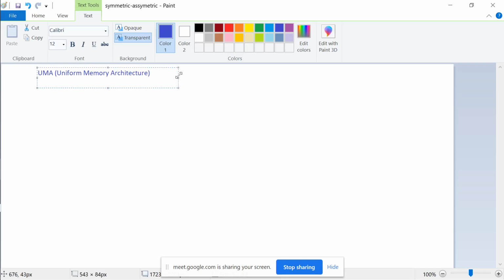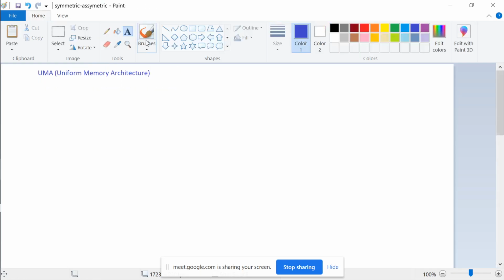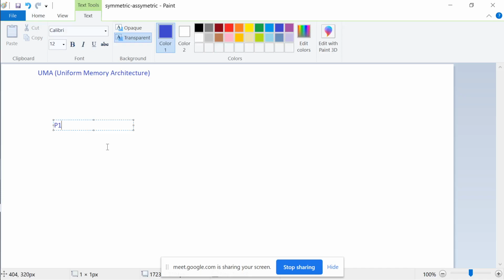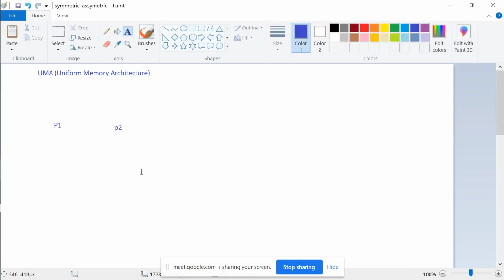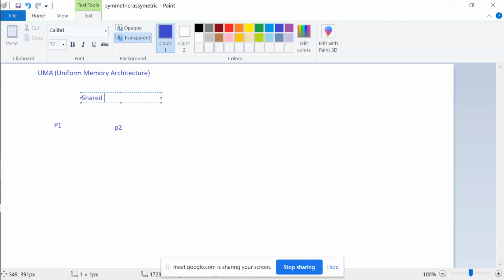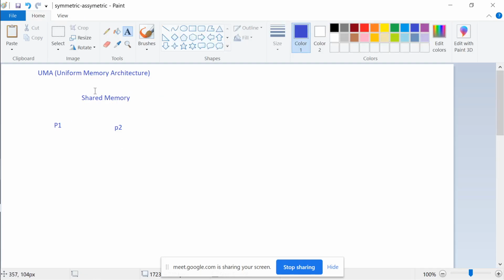This means that if you have a processor P1 and a processor P2 inside your system, this can mean two processors, or it can mean two cores inside your single processor. But if it is there, then it will have a shared memory between the two cores or two processors.